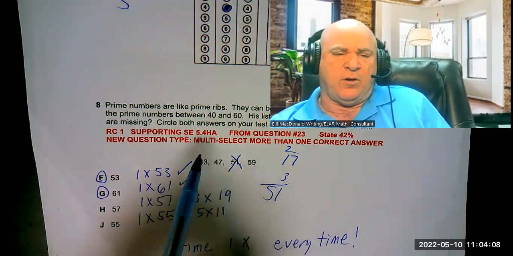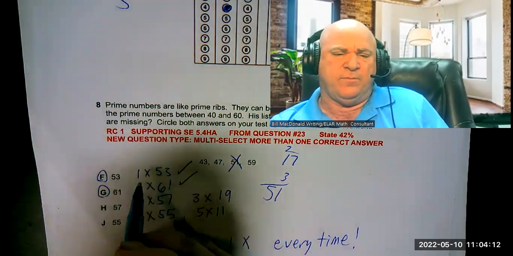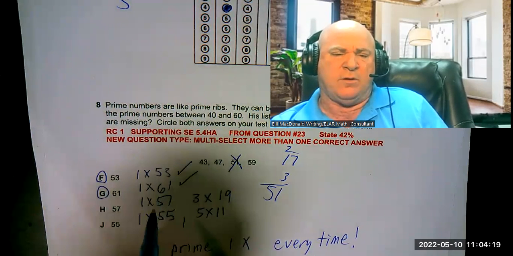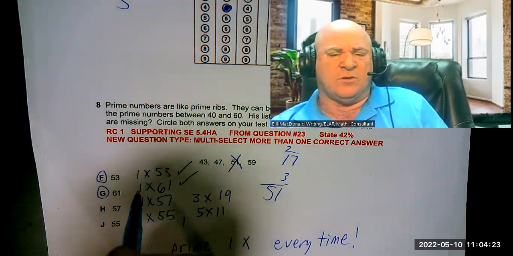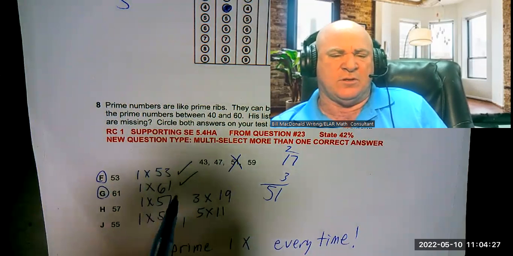Since 53 only has 1 times 53 and nothing else, and that's every time you do it, that is a prime number. 61, 1 times 61, nothing else makes 61. So those are the two answers, but we also have to eliminate the other choices.